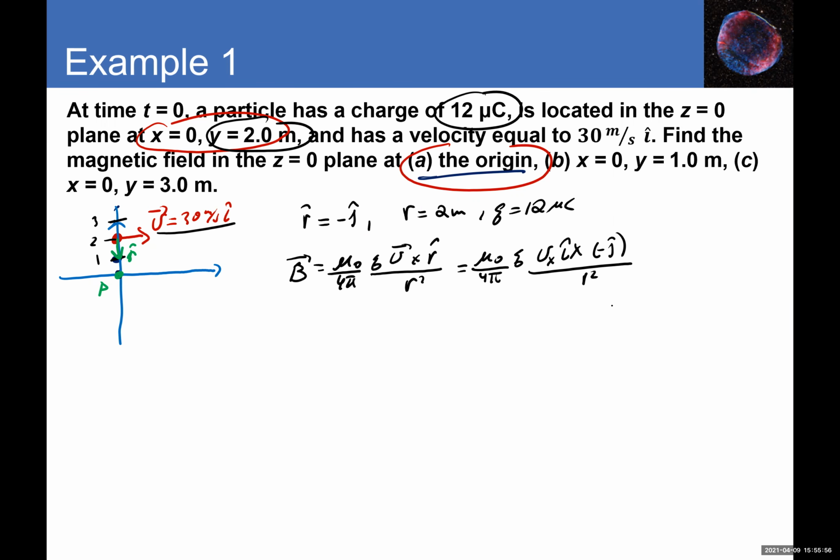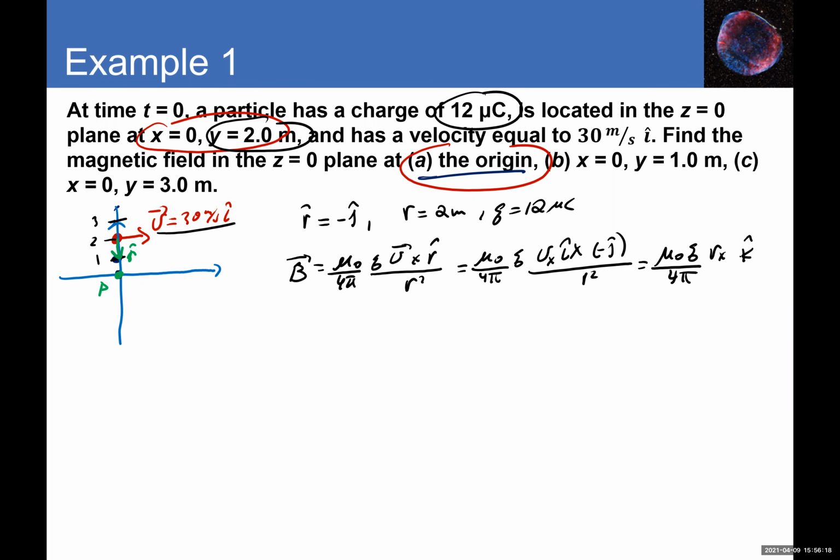That means this is just mu naught times Q over 4 pi, then Vx, then i hat cross negative j hat. That will give me k hat as a direction.